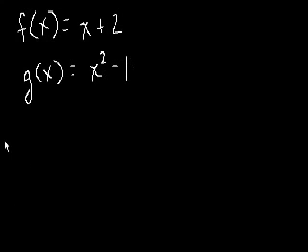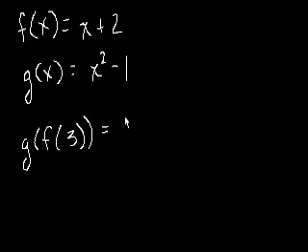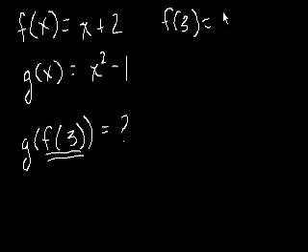If I were to ask you what g of f of 3 is, well, the first thing we want to do is evaluate what f of 3 is, right? So the 3 would replace the x. So f of 3 is equal to 3 plus 2, which equals 5, right?